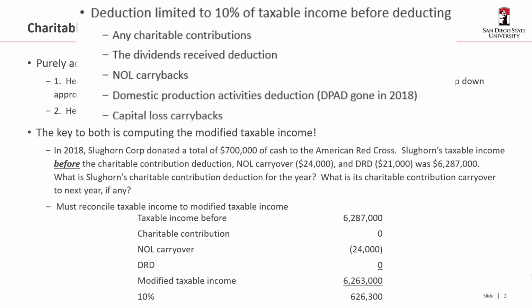If it's taxable income before the NOL carryover, well, recall we do need to deduct that, because we are eligible to deduct a carryover, not a carryback, when we're calculating modified taxable income. The DRD is not in there, so we don't put it in there. That gives us modified taxable income of $6,263,000 multiplied by 10%. That tells us that the donation deduction is limited to $626,300, and whatever the spillover is, that would be carried forward to next year.